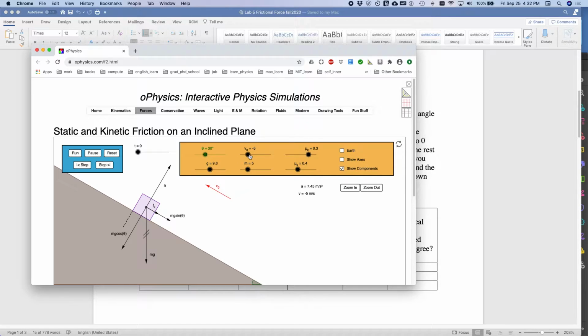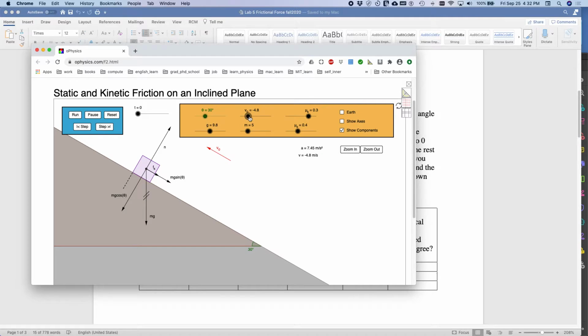You can slide that, and to make it more precise, you can use the arrow key on your computer. Make sure students keep the initial velocity at 0 meters per second. Then nothing else needs to be changed.